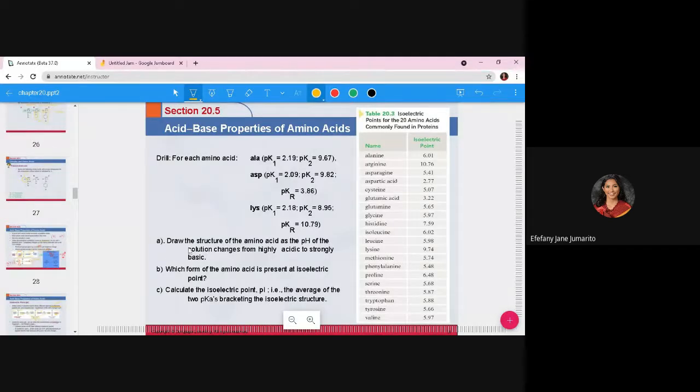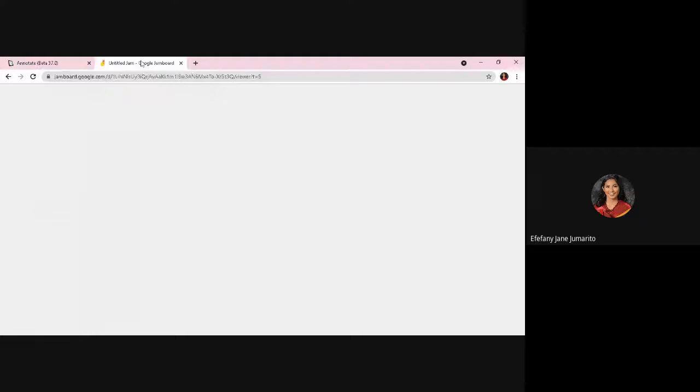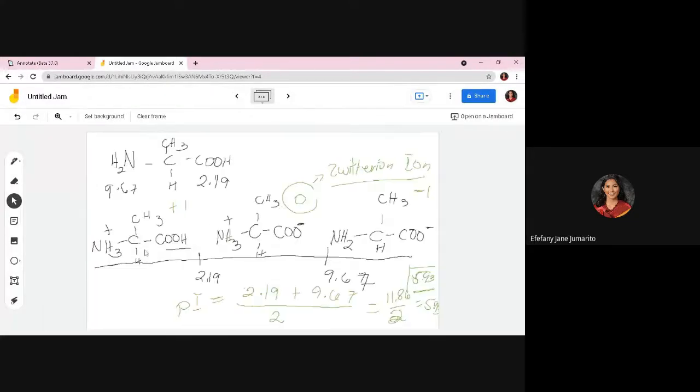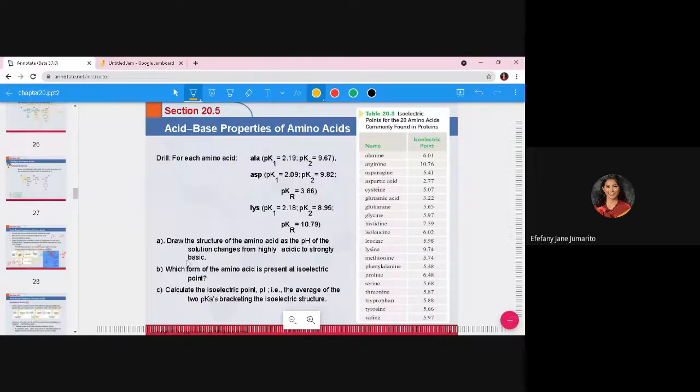Now, for another example: draw the structure of the amino acid as the pH of the solution changes from highly acidic to strongly basic. Letter A, that was already drawn, we're done with that drawing. Then, which form of amino acid is present at the isoelectric point?